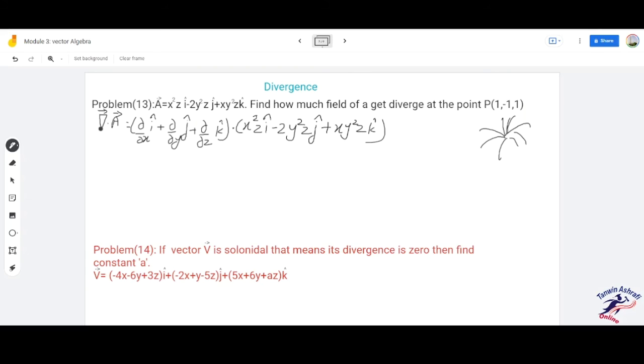Now what we need to find? The divergence of the function.